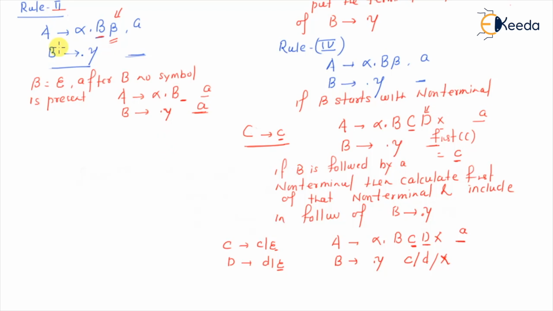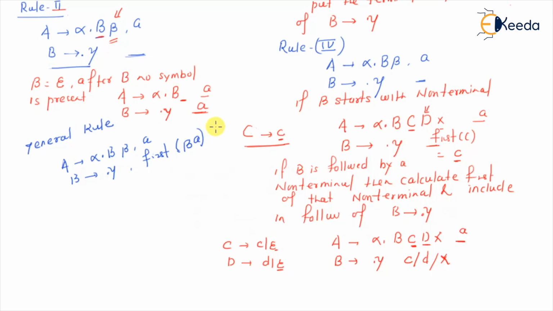The general rule for writing this is as follows. If we have A derives alpha dot B beta comma A, and I am adding B derives dot gamma, my follow set will be first of beta A, whatever beta starts with.